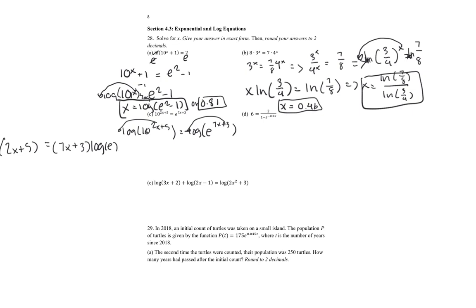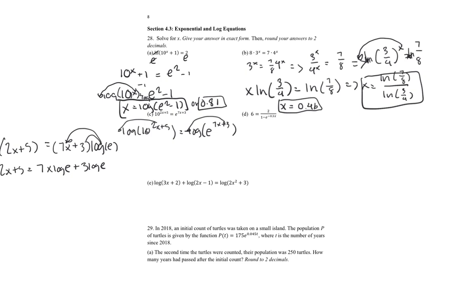All right, so now since we're trying to solve for x, we're going to distribute this log of e to both of them. And so then we'll have 2x plus 5 is equal to 7x log e plus 3 log e.